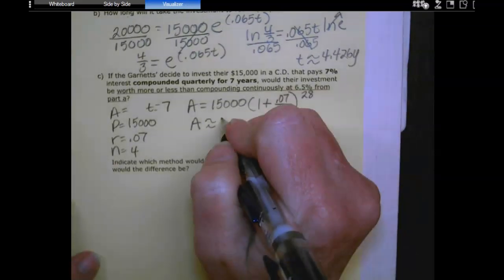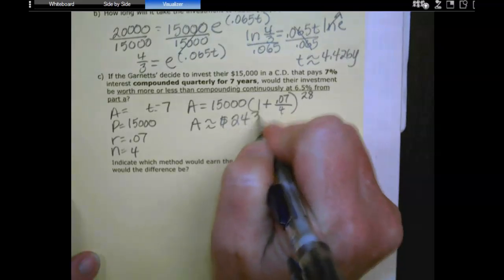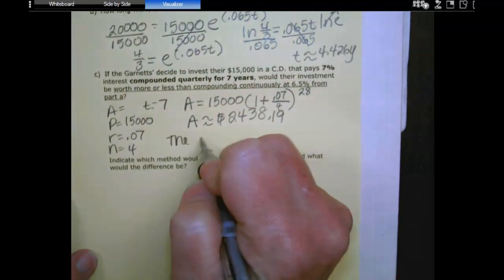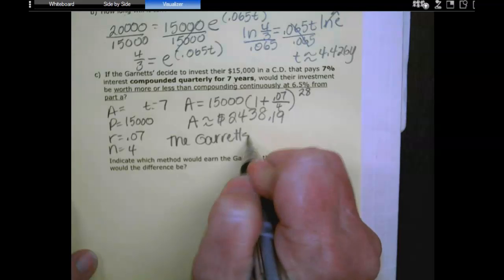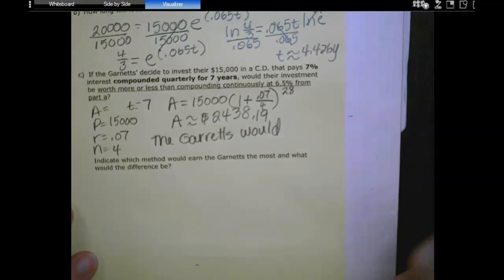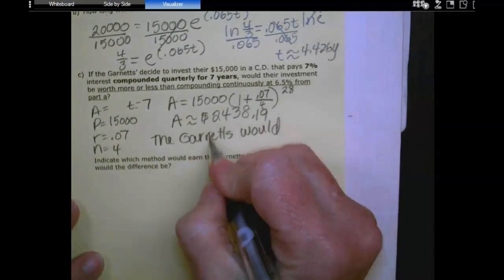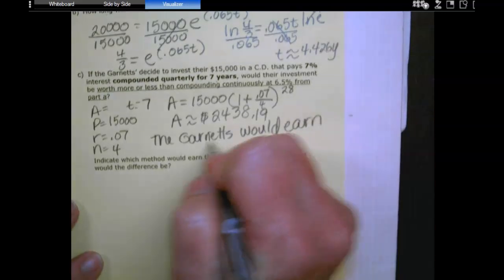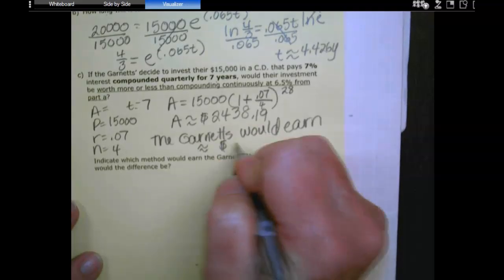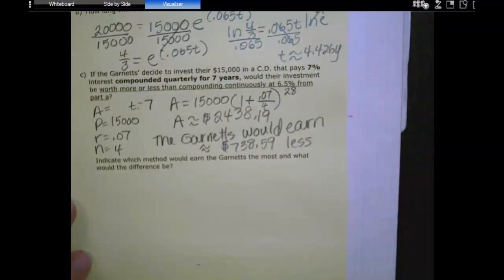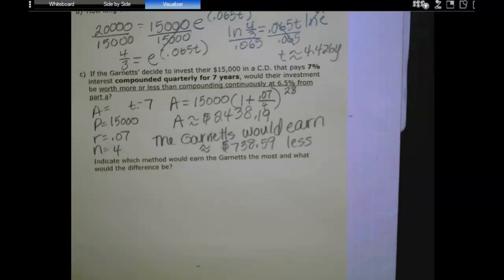So I came up with 2,438.19, which means the Garnetts would earn approximately $738.59 less. So over 15 years, $738, that's a nice chunk of change, right?